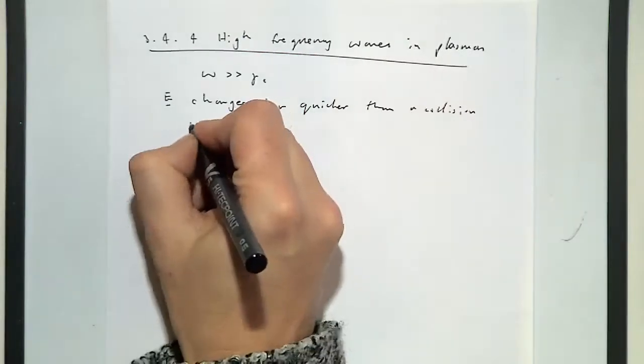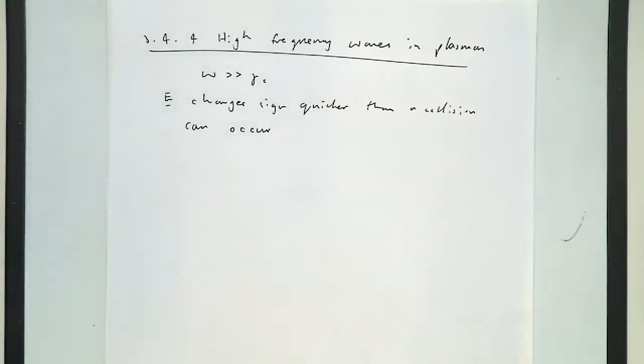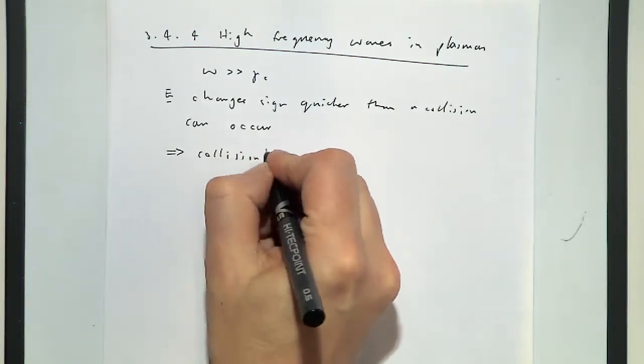So this can occur in any plasma. What we're doing is setting the frequency for which the plasma may be considered collisionless. So we label this situation as a collisionless plasma.